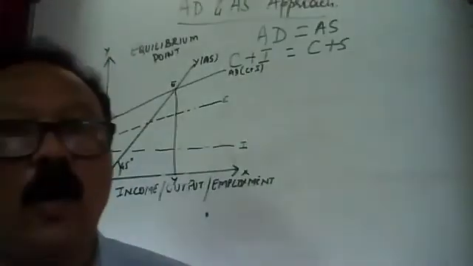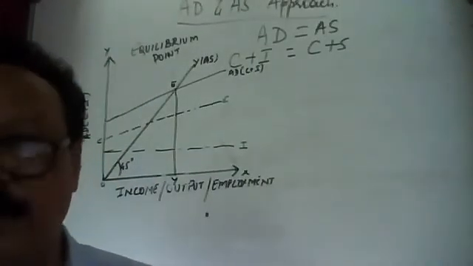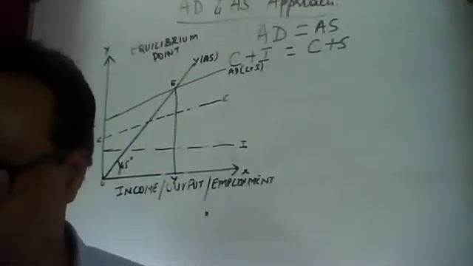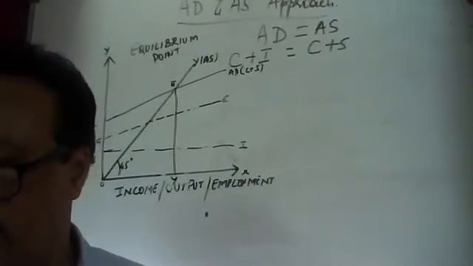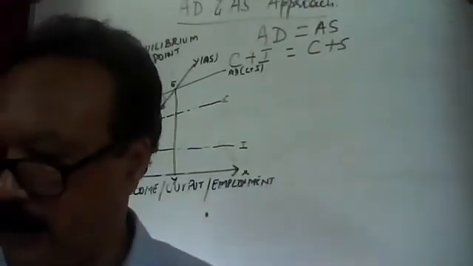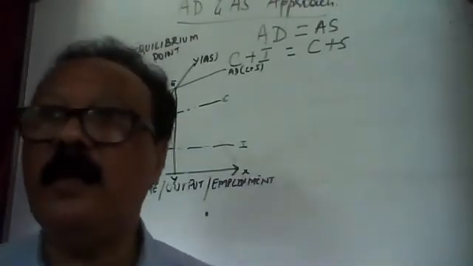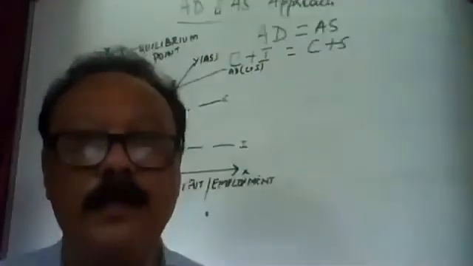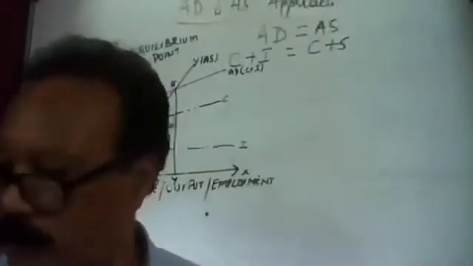Now, corresponding to E, write down, corresponding to E, OY is the equilibrium level of income or output.